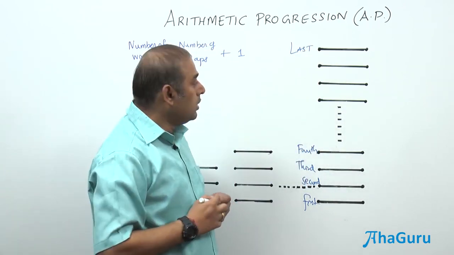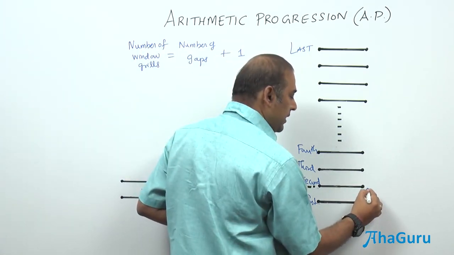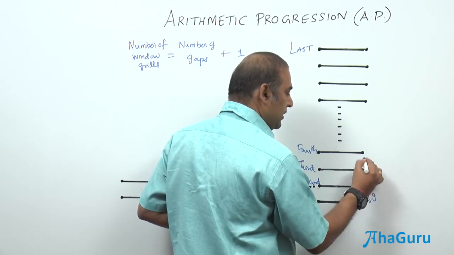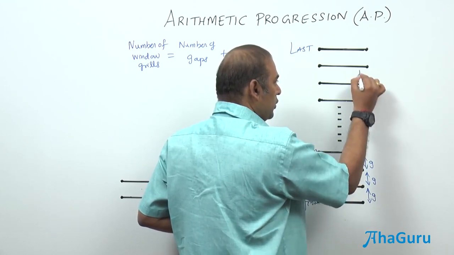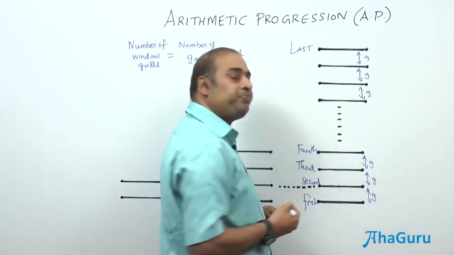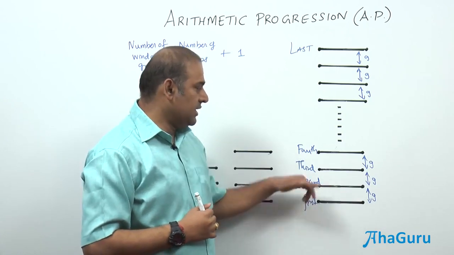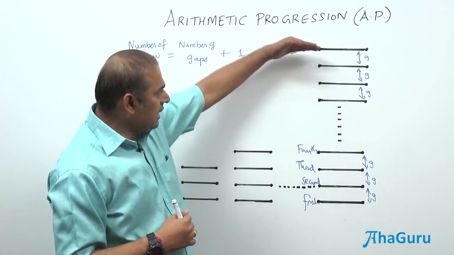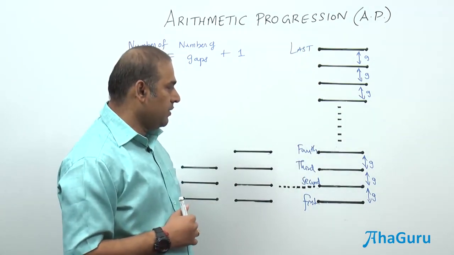We don't know how many grills there are, but we know the gap is going to be, let me call this G, and this gap is going to be G. Usually the gap between two next-to-next grills is going to be the same, right? Let us assume the same. So the first and second grill have a gap of G, the second and third have a gap of G, the third and fourth have a gap of G, and the last and the previous grill have a gap of G, and so on. Okay, fine.